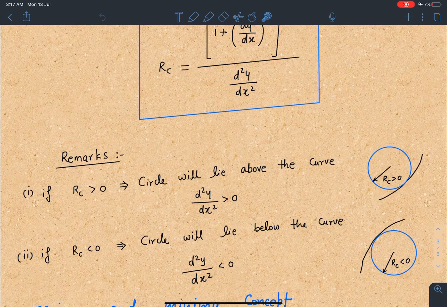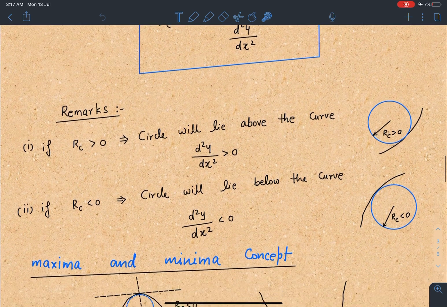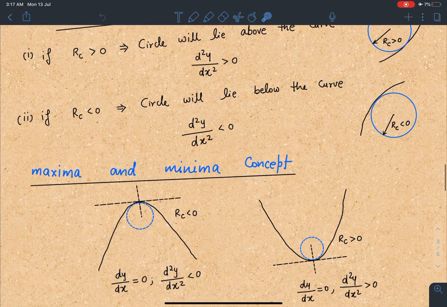The next one, if RC is negative, RC negative means the double derivative is negative. So the circle will lie below the curve, and we are going to get this type of situation. By using these logics only, we have derived the concept of maxima minima.